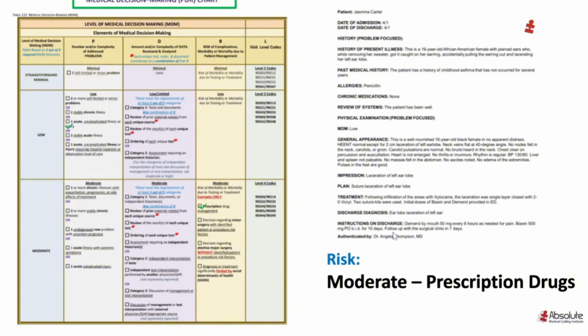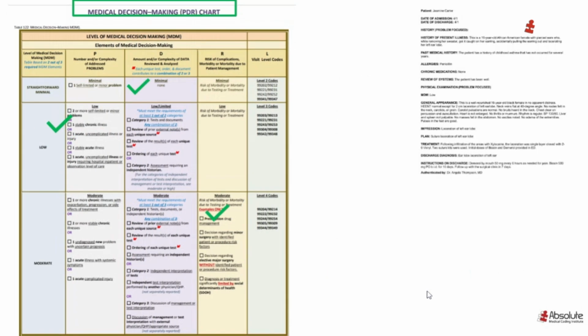The doctor prescribed Demerol by mouth, to be taken twice a day for 10 days. So the risk is moderate. Now, coders, we have a situation. We have a low problem, minimal data, and a moderate risk.